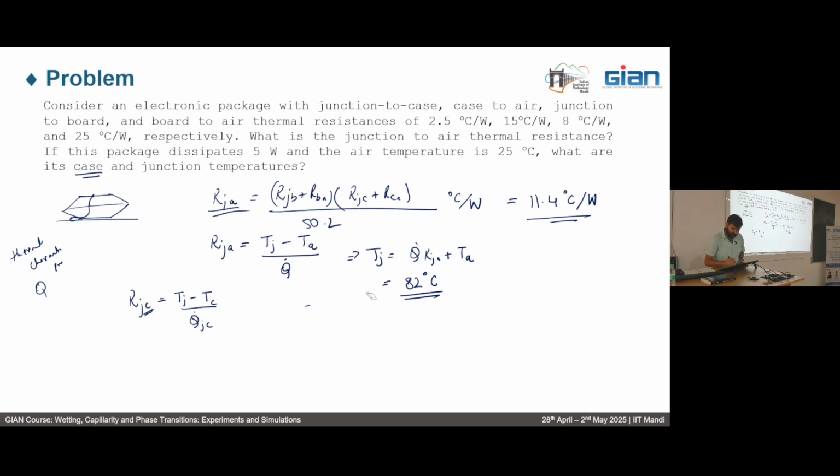Right now we are just at 82.5 degrees centigrade, and what we have to find is the case temperature, right?